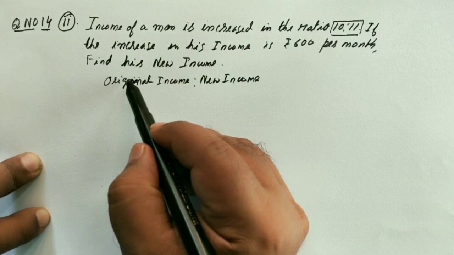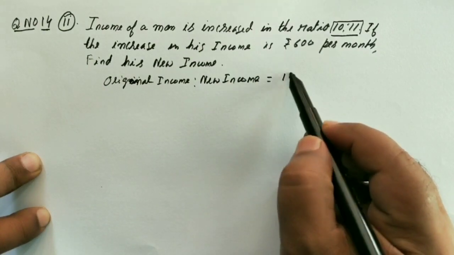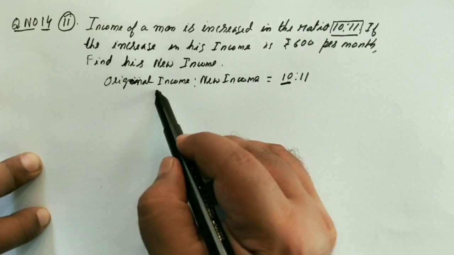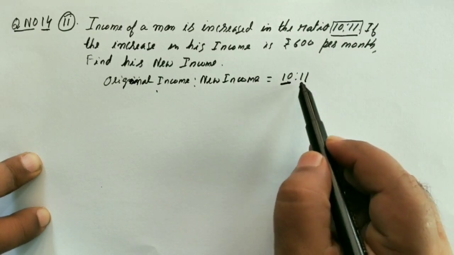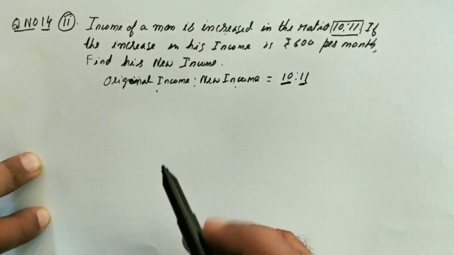The ratio between the original income and new income is 10:11. The antecedent is 10. It represents the original. And 11, the consequent, is new income. Income is increased in this ratio.